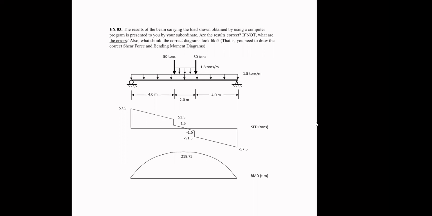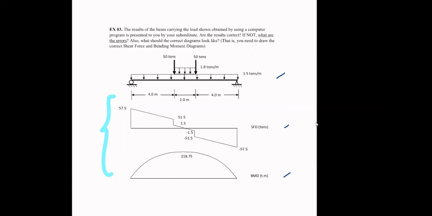So I always, in the exam, give you the beam, give you the shear force diagram, give you the bending moment diagram. But chances are I give you the wrong diagrams. These wrong diagrams may come from the situation that you ask your junior engineers to run the beam for you, to do the analysis of the beam for you, and then they made a mistake.